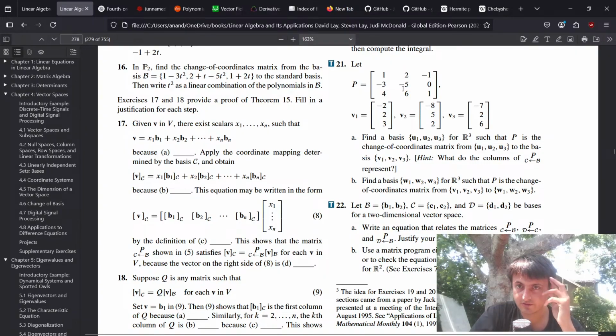Okay, so the linear combination of this with W is equal to this.